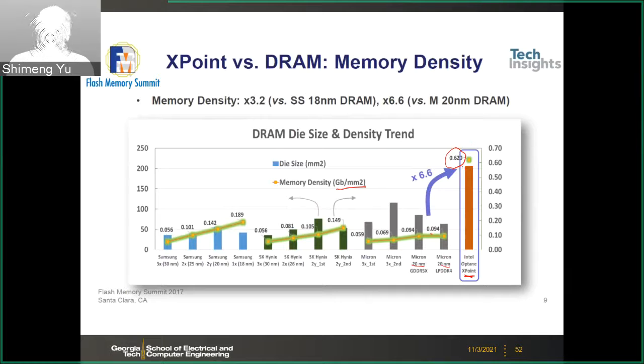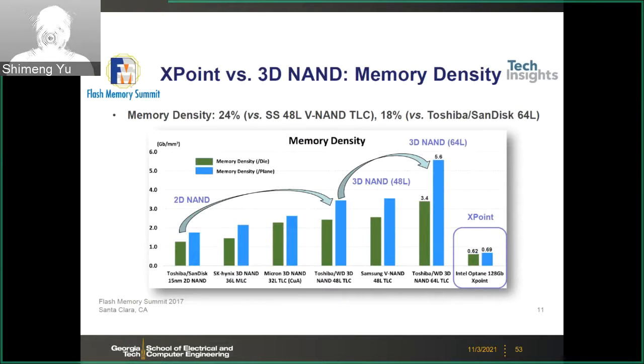So certainly this one has higher density than the DRAM. But if you compare with the 3D NAND flash at that time, typically 32-layer or 48-layer NAND flash, the 3D XPoint has lower density than the NAND flash.